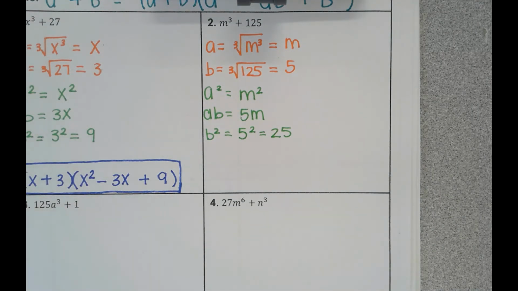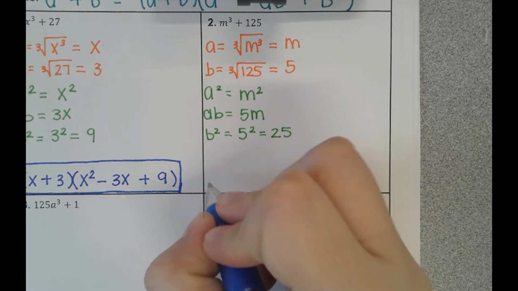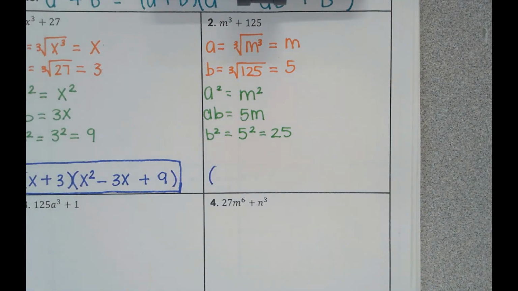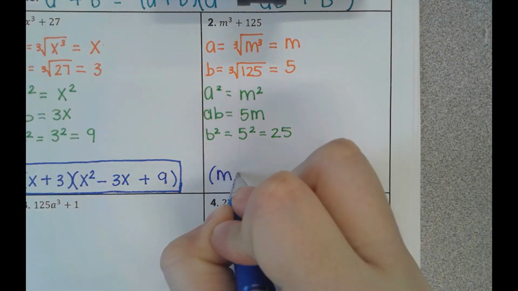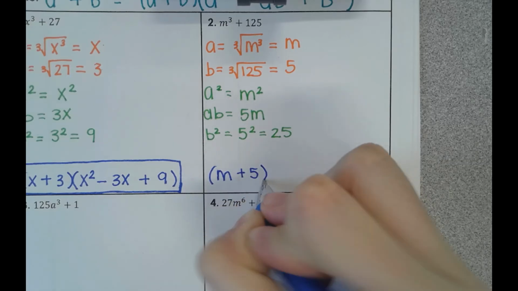And then you put it all together. You got to look at your formula to know what to put where. So our formula says a plus b. So m plus 5.